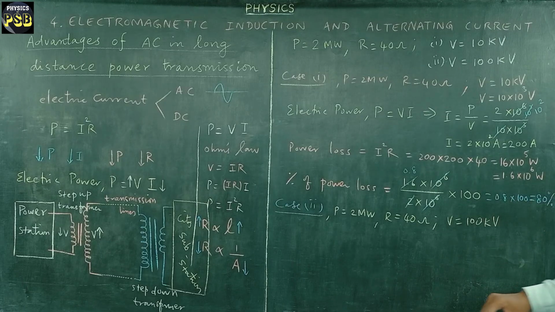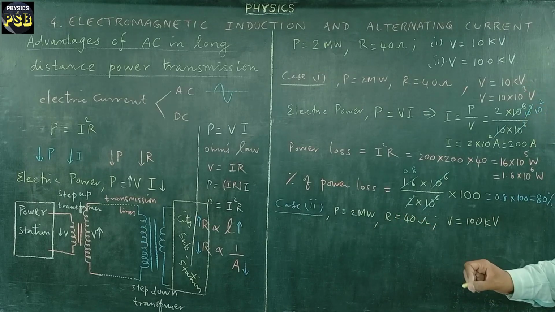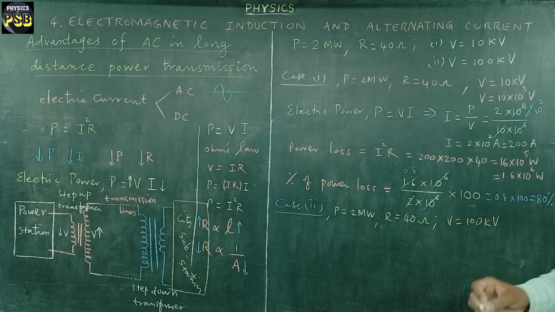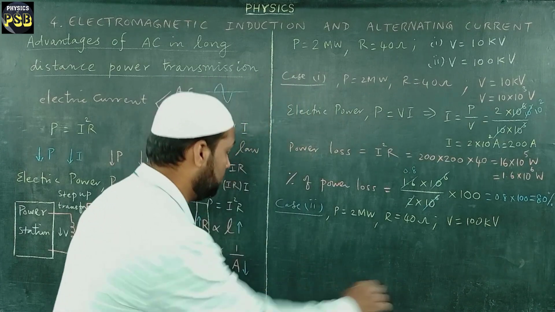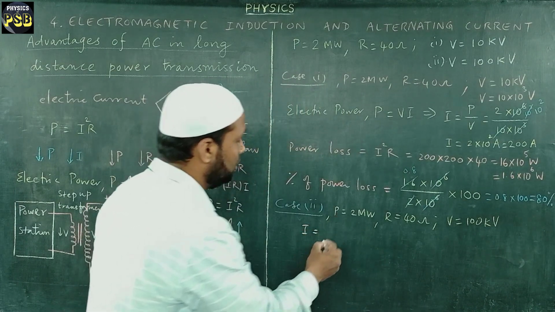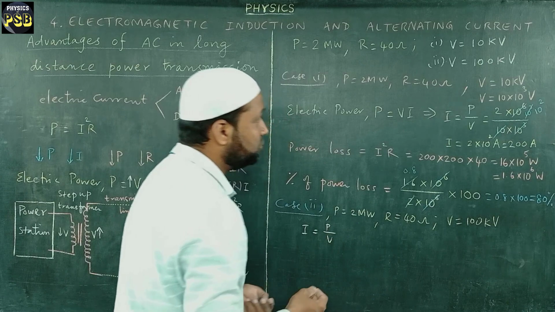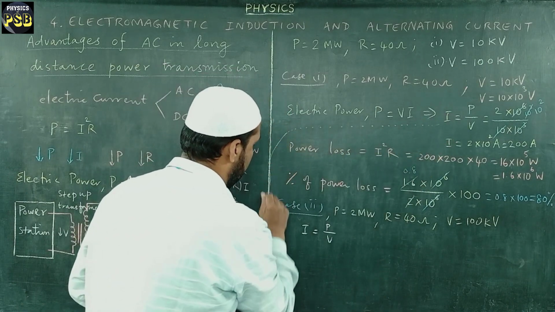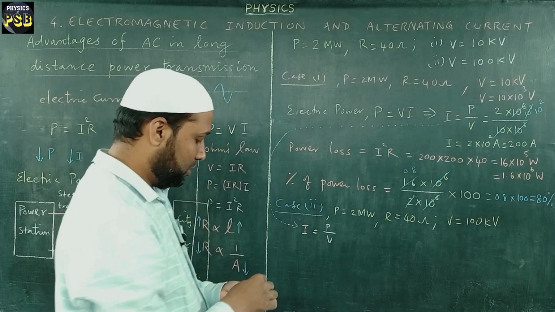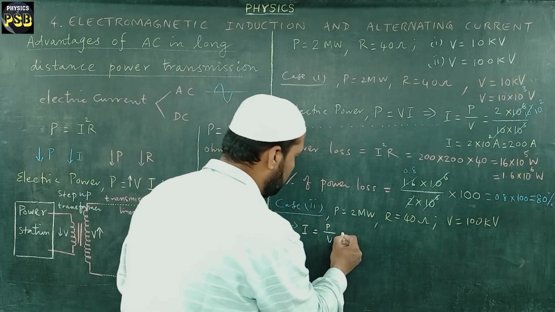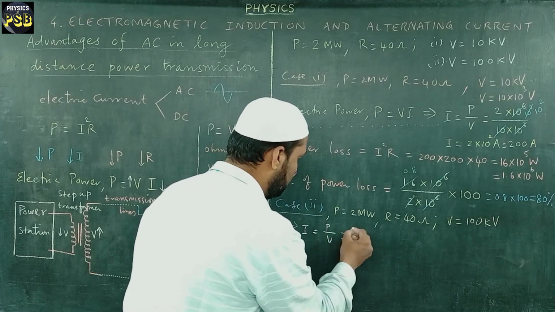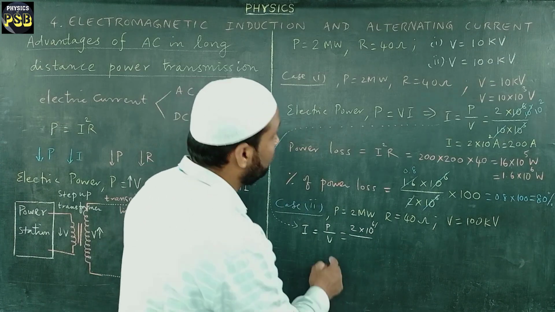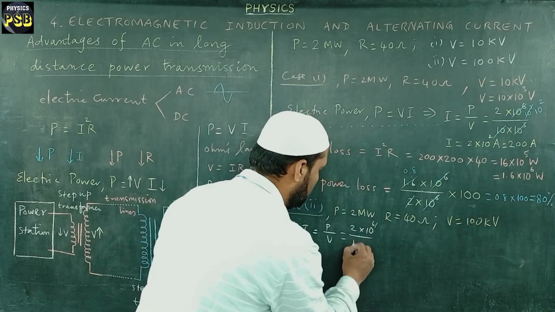Right? Now first I will calculate the value of I from this expression. I equals P upon V. This we have obtained from here. Now I substitute the value of P: 2 into 10 power 6 watt divided by the voltage. Voltage is 100 kilo.